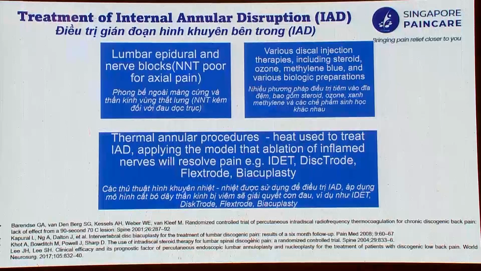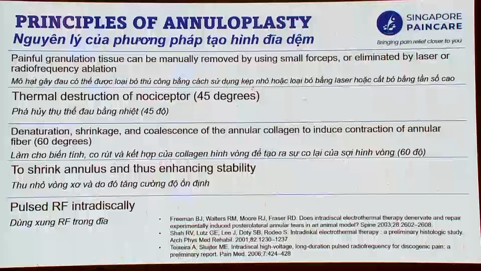I propose using a thermal annular procedure, radiofrequency. The heat generated from the radiofrequency will be able to ablate the posterior part of the disc itself to so-called eradicate and take away the pain generator. What are the principles of this annuloplasty?